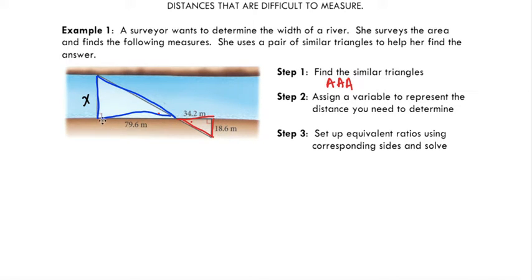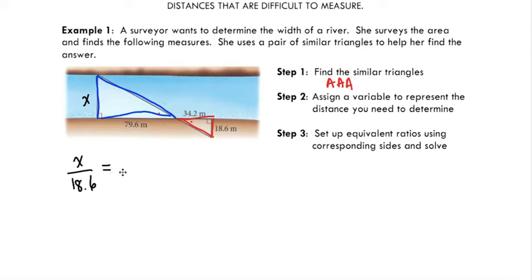So now I want to set up equivalent ratios in order to solve for that unknown value. Remember, when I have similar triangles, my sides are in proportion to each other. So I'm going to set up my ratio so that x is in proportion to the side that would correspond to that in my smaller triangle, which in this case would be 18.6.